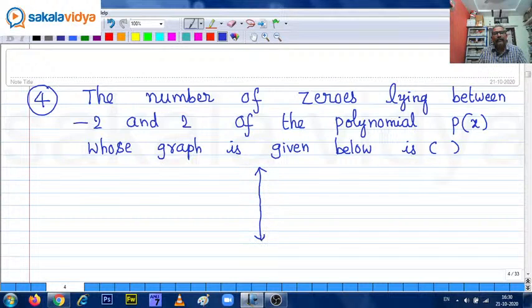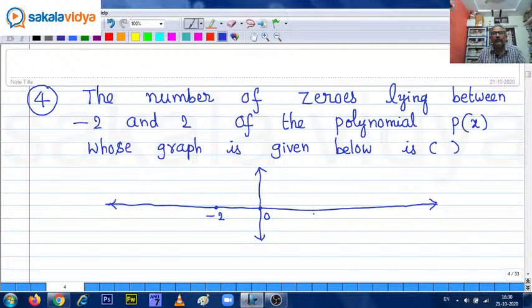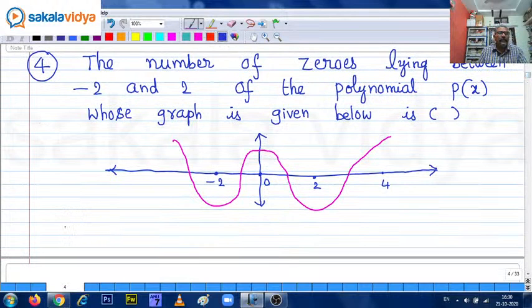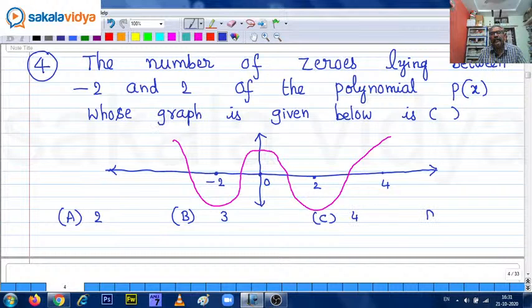The figure will be given in the examination, don't worry. This is the x-axis, this is 0, this is -2, 0, 2, and this is 4. The graph is like this. Now the options: option A 2, option B 3, option C 4, option D 1.